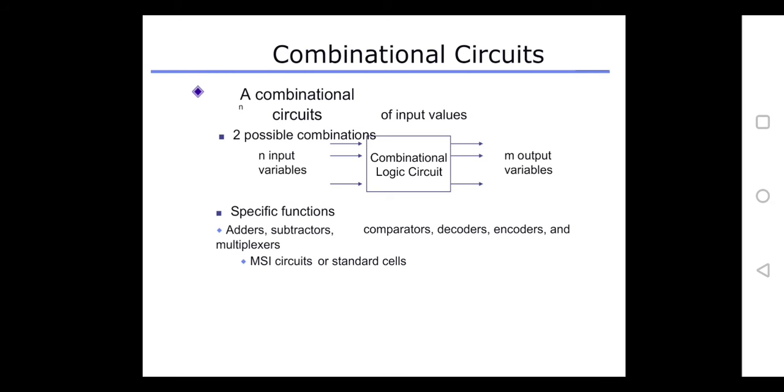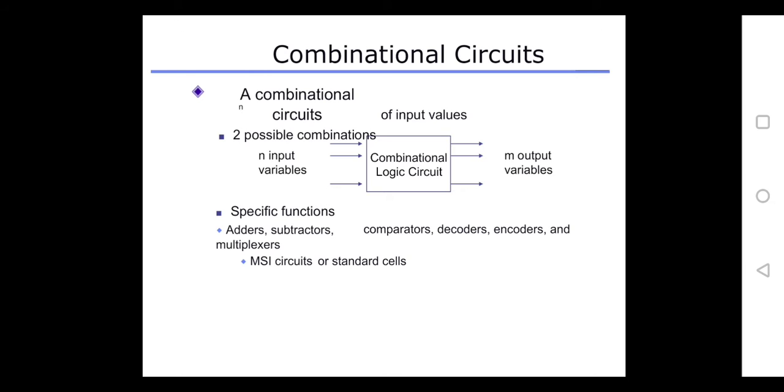Coming to the examples of combinational circuits: adders, subtractors, decoders, encoders, multiplexers and code converters. The adder circuit, as the name itself indicates, performs the operation of addition. If a circuit is performing an operation of subtraction, it is called a subtractor.